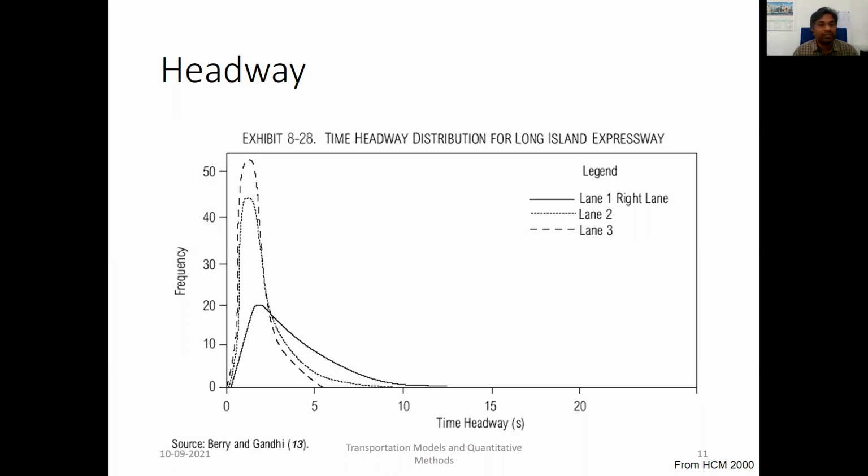This can be represented by using some mathematical distribution such as exponential, normal, or log-normal distribution and so on. The fitting of headway data using mathematical modeling is important in microscopic simulation, where vehicle behavior can be simulated or mimicked.